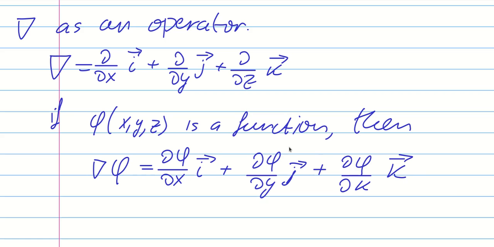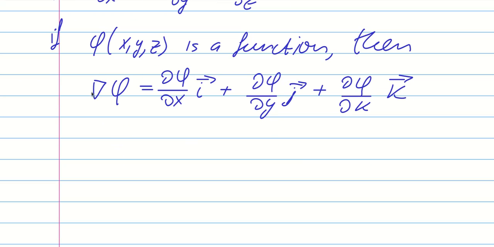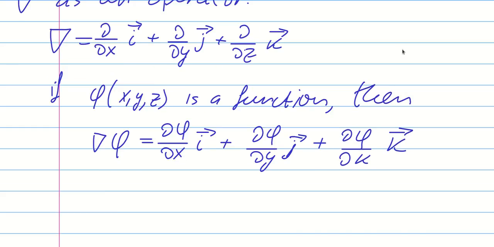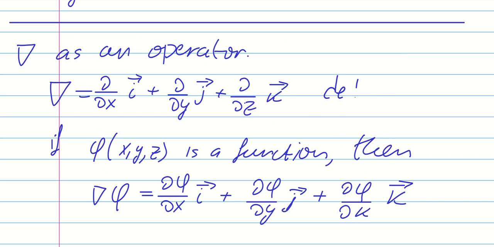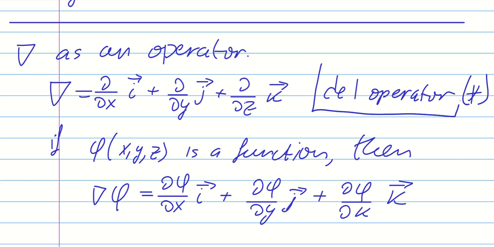All right. So if we think of this idea and we think about gradient as the del operator, sometimes people call it this, let's call it formula star. All right.